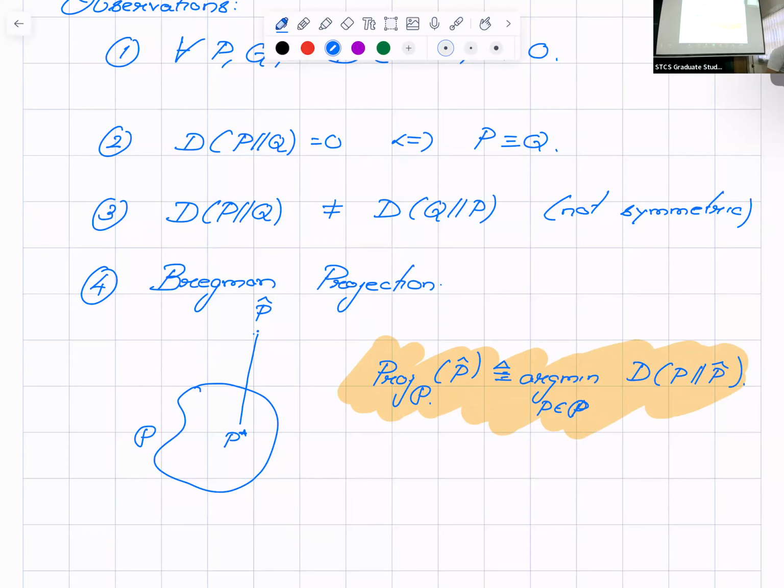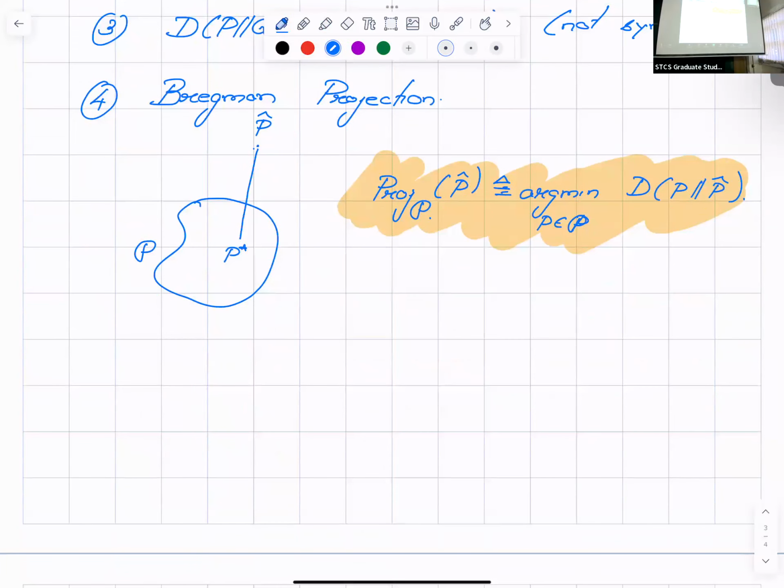The nice thing about this projection is that it satisfies a Pythagorean-like rule. And what do I mean by that?